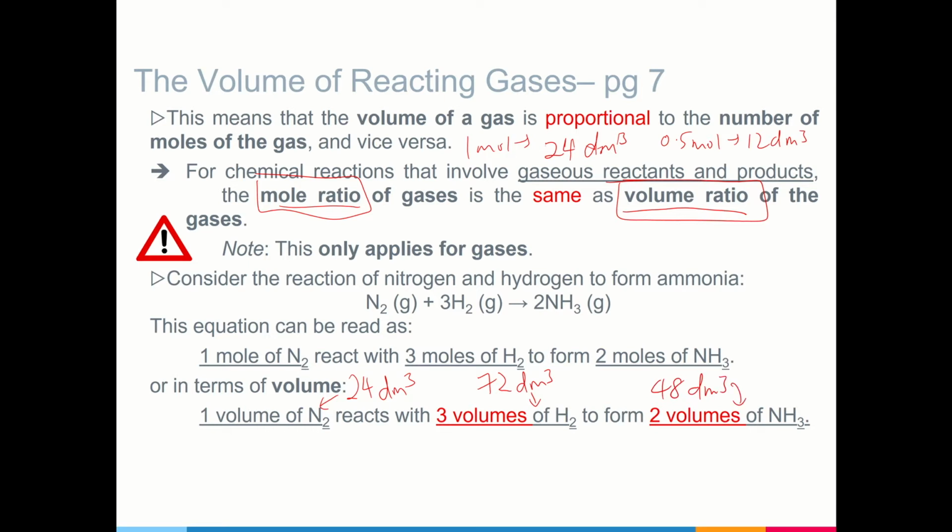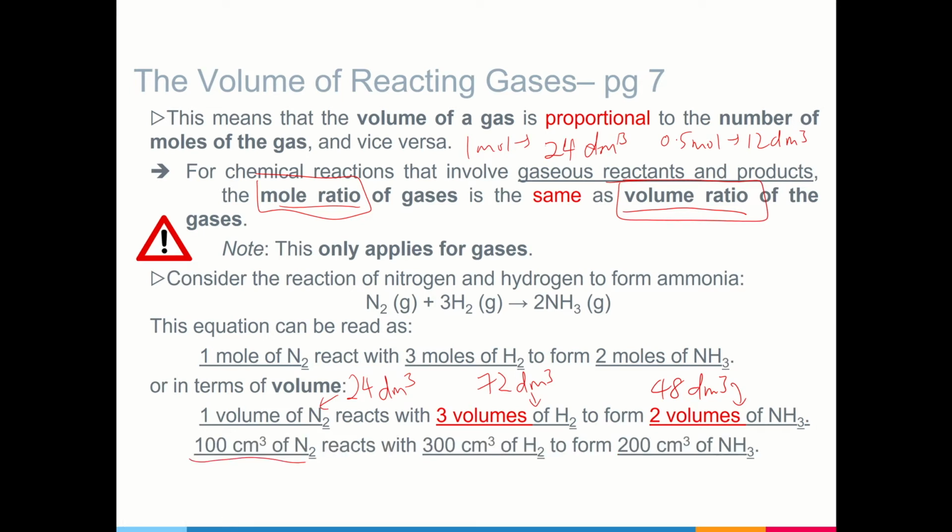Which also means if this is 24 dm cube, it will produce 48 dm cube of ammonia. So it's the same. Alright, so if I have 100 cm cube, it will be proportional, right? So 100 cm cube of nitrogen will react with 300 cm cube of hydrogen. I times 3, and it will produce 200 of ammonia. I times 2.